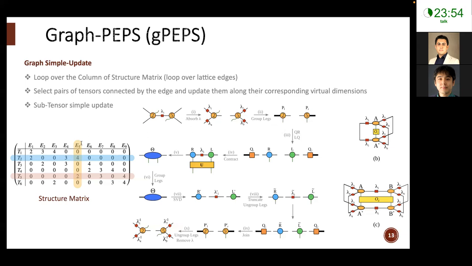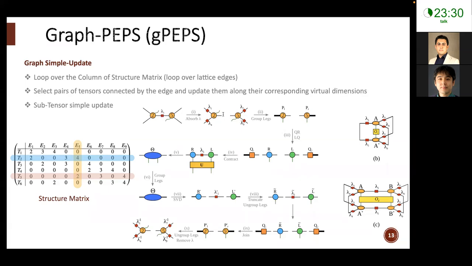So suppose that we want to update tensors which are connected to edge number 5. So we have to select tensor 2 and tensor 5. So we have it here, and we have these singular values on the bonds, and we know that dimension 4 of tensor 2 and dimension 2 of tensor 5 are connected and are going to be updated.